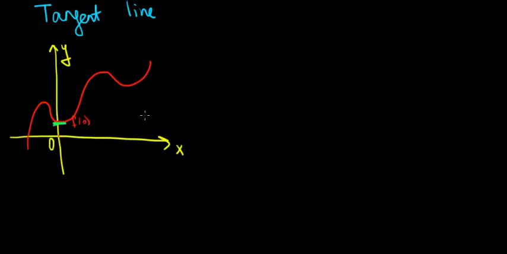Now, what kind of form does a tangent line have? Well, it is a line, so how do we denote a line? We denote it as m times x plus b, where m is our slope. So we need to know the slope at this point, and we need to know the intercept. Our slope is going to be the derivative at this point, and our intercept is the value through which the line passes on the y-axis, and that is f of 0.